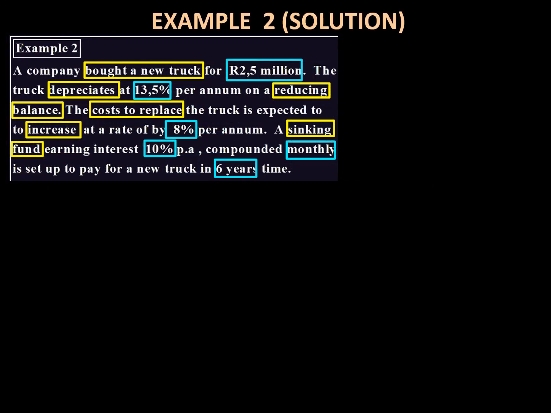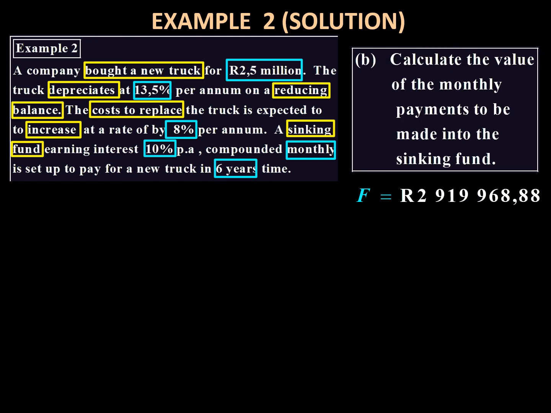Now let's look at the second part of the question. The second part wants us to calculate the value of the monthly payments to be made into the sinking fund. So that's the future value that we have here, 2,919,968 rand and 88 cents. I use my future value formula, and here the sinking fund's interest rate is 10% compounded monthly.